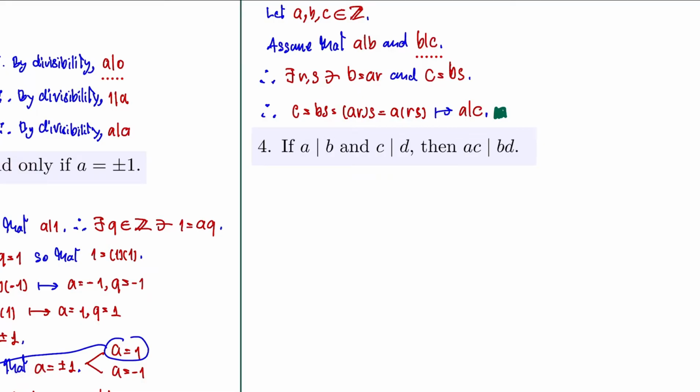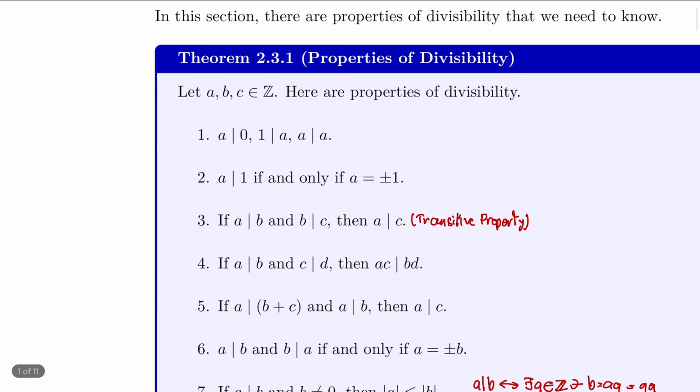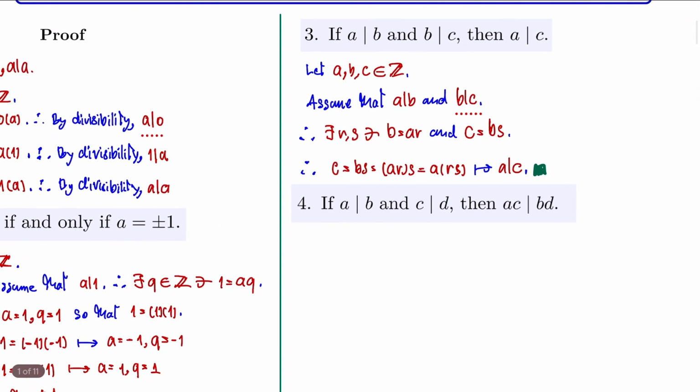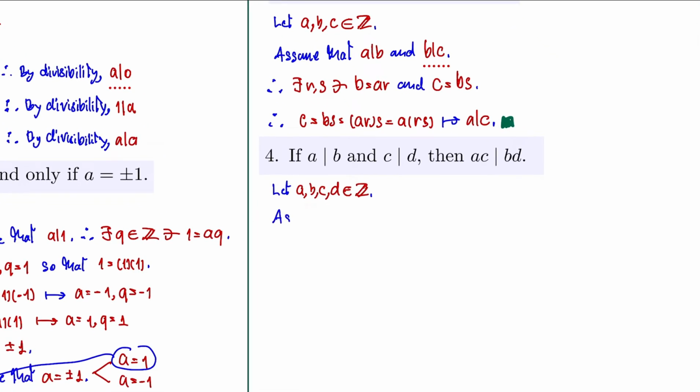I have to write d right here to be an integer too. Sorry for my typo. So we let a, b, c, and d be integers, and we assume that a divides b and c divides d.